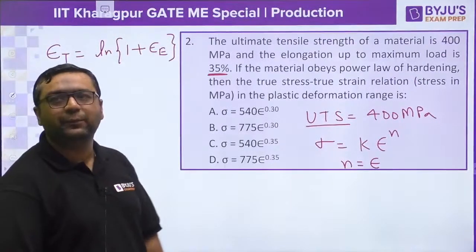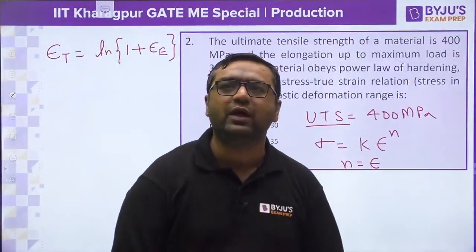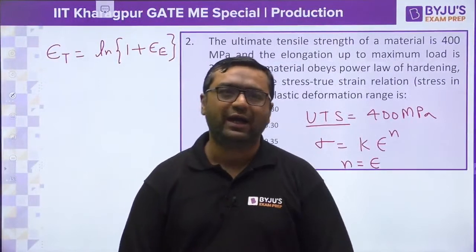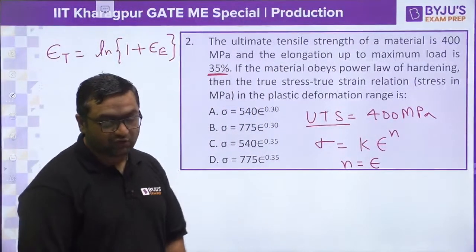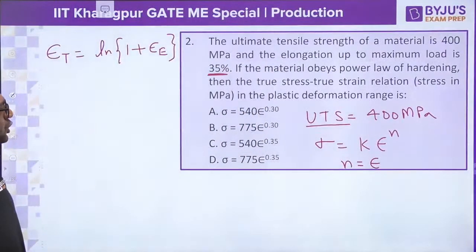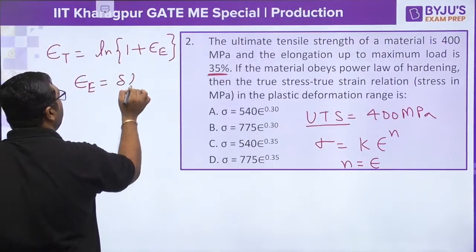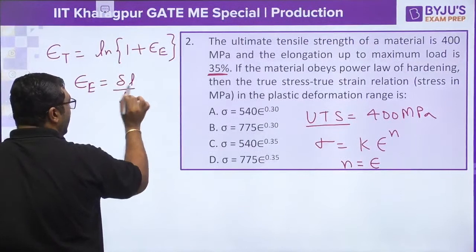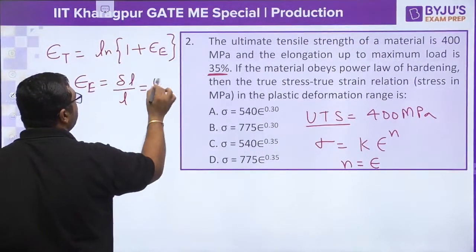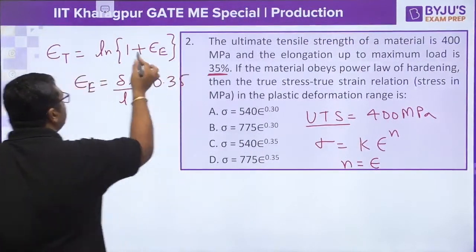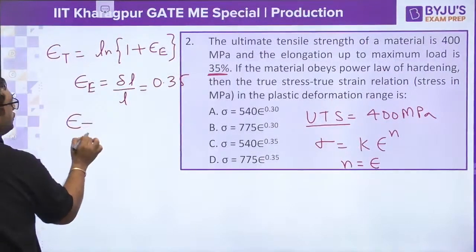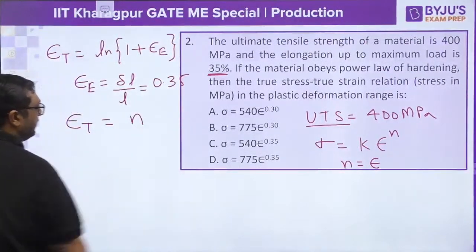Very good Ernst Merchant, very good Ankit Tripathi, wonderful. Try to solve this. First of all, find the true strain. Engineering strain is delta L upon L, and as it is 35%, the value will be 0.35. Put this value, get the true strain, and it will give you the value of n as well.